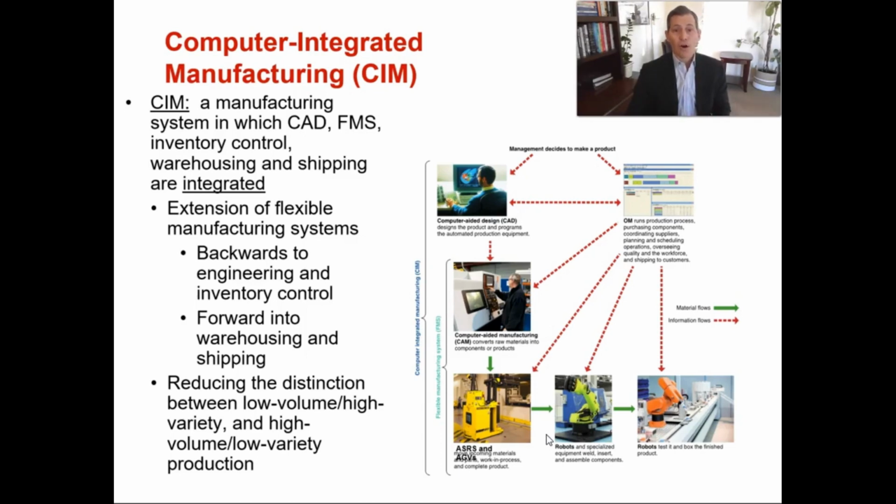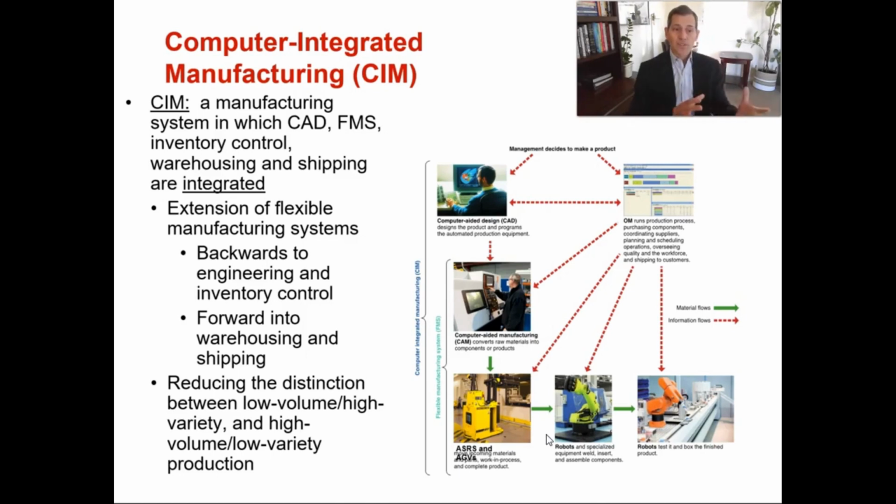You're taking all of these together and putting them together, and it's great if you've got the capital to set up an extremely sophisticated system like this. It's used for warehousing and for shipping, so from start of process to design to the finish and shipment of goods. It's an extension of flexible manufacturing systems.